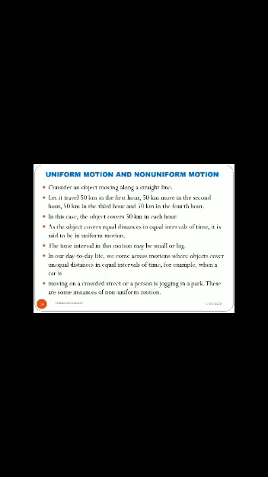For example, when a car is moving on a crowded street or a person is jogging in a park, these are different phenomena of non-uniform motion, because sometimes while driving a car you have to apply the brake, and that's how your speed is changing. So the distance covered with respect to time is different, so it is called non-uniform motion.